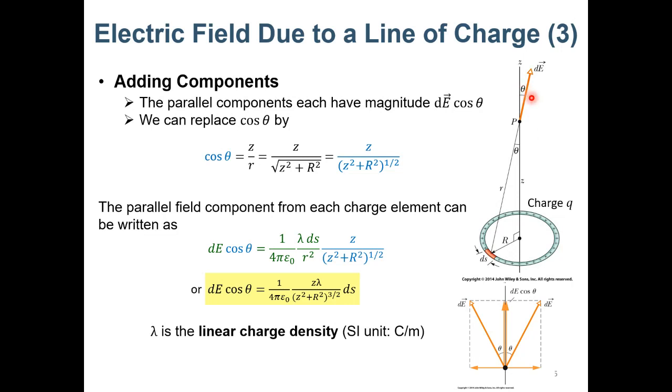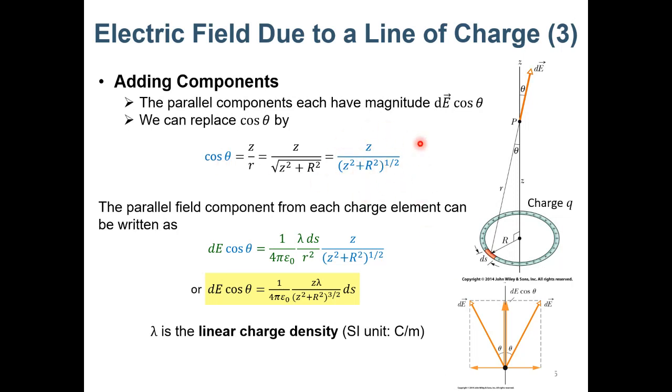So this angle is theta, so that cosine theta is z over r. Right. And r is the square root of z squared plus r squared, and the square root can be written as something to the half power. So cosine theta is something like this.